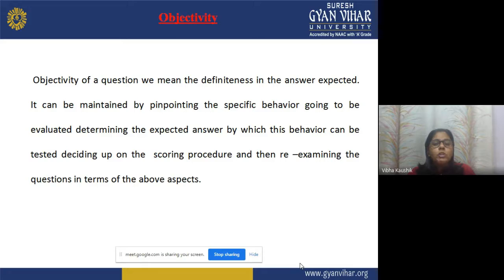Determining the expected answers by which this behavior can be tested. Deciding upon the scoring procedure, means the scoring procedure is fixed. If you have given an answer to a question as A, then you will get 1 mark. And then re-examining the questions in terms of the above aspects.